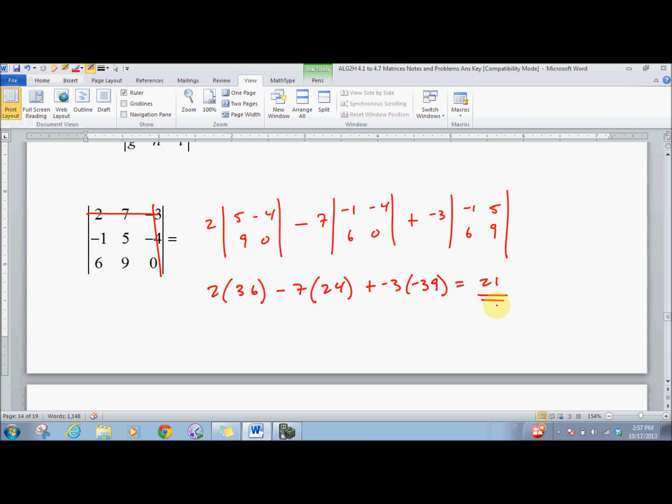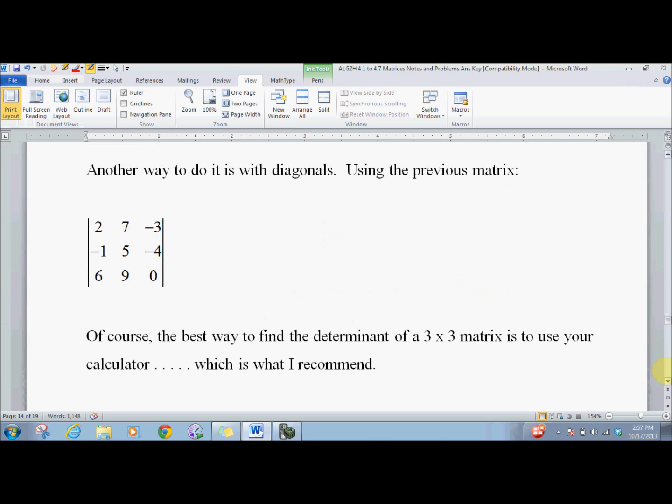I should check my work, but I'm not going to, because we're going to show you another way to do this in a second. So here's the way to do it with diagonals. Take these 2 rows and rewrite them. Get all this out of the way, and now just do straight diagonals.